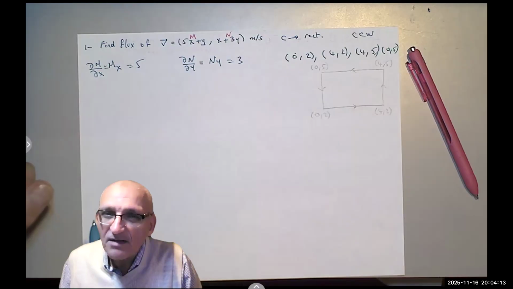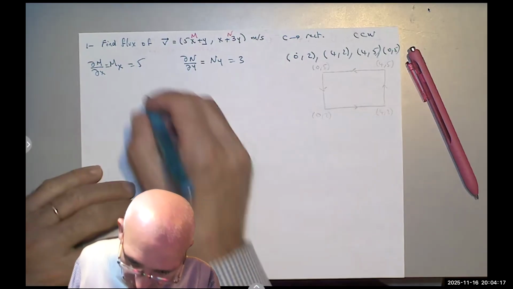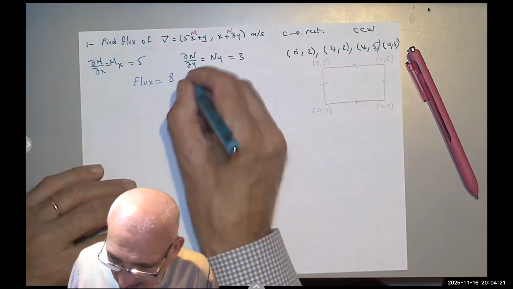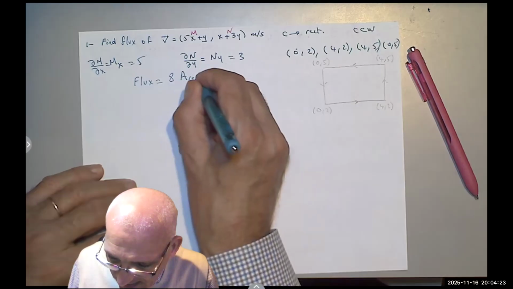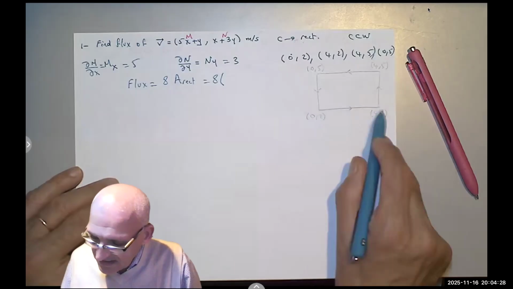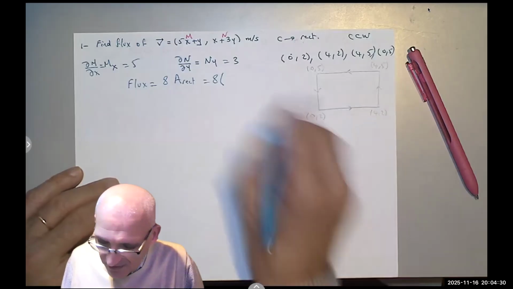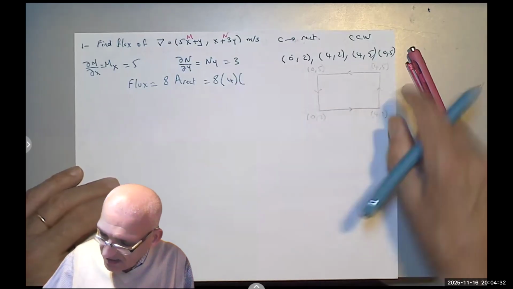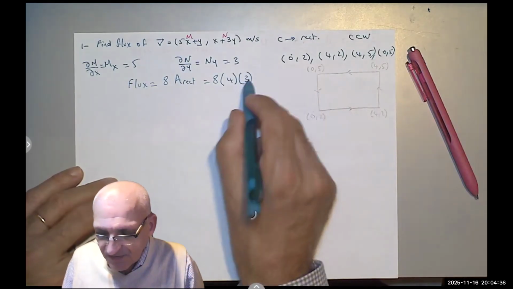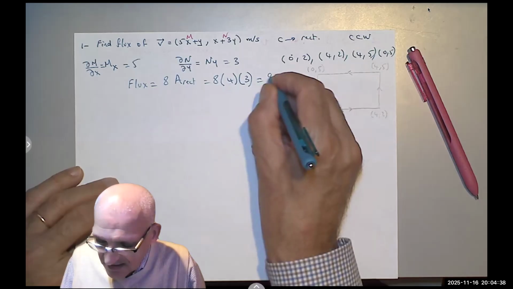So do I need a double integral here? The flux equals 8 times the area of the rectangle. The base is 4, from 0 to 4, and the height is 5 minus 2, or 3. 3 times 4 is 12, times 8 is 96.